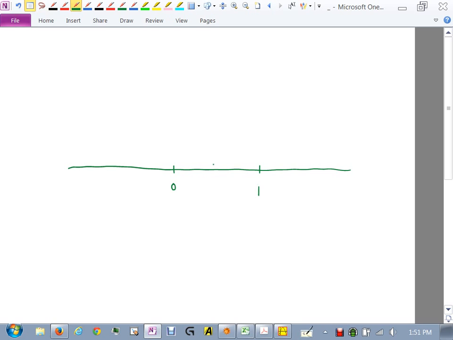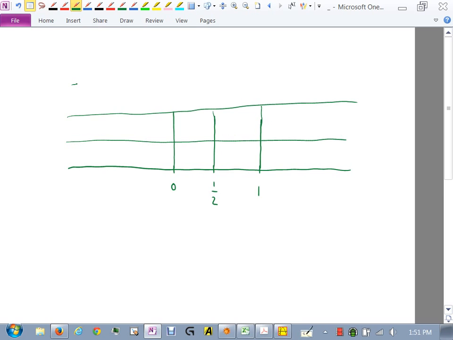A half. Put that there. Now from this, I want you to extend these up. And then come over and draw, we're making a table. This table needs to have 3 rows. You'll always have 3 rows, all right? The number of columns will be determined by how many critical numbers you had.